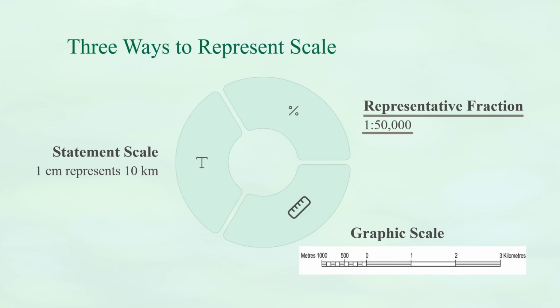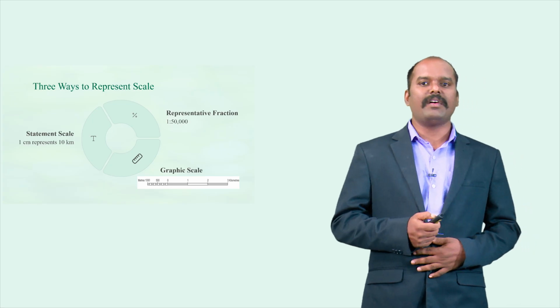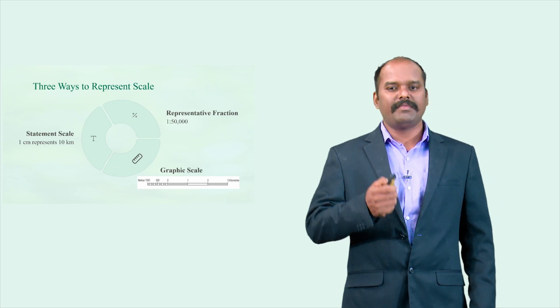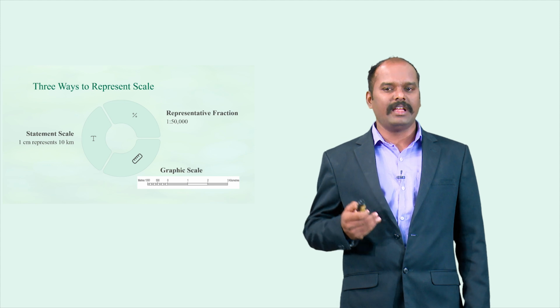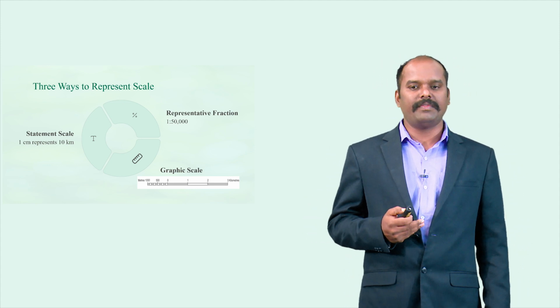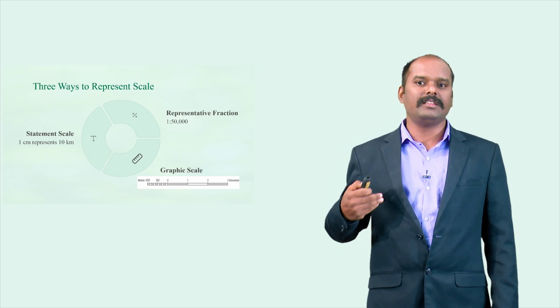You should understand that. And the third way of representing scale in a map is graphic scale. Often it is also called linear scale or plain scale. Here there are 5 major types of graphic scale. We will learn in detail about types of graphic scale in upcoming lecture series.